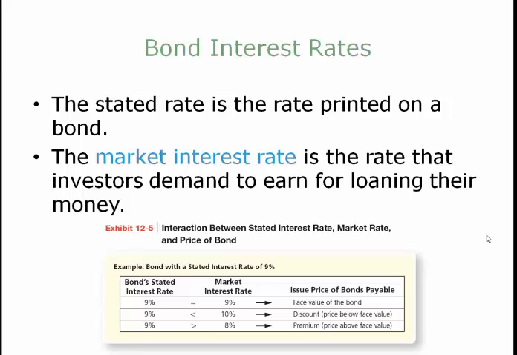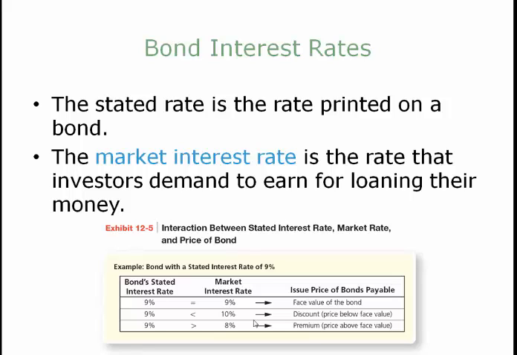Because the whole idea of this discount and premium is to equalize the interest rate on the bond with what the market rate is. So they're penalizing them for the discount, because they're saying, look, on similar bonds, similar risks, I'm getting a 10% return, and on the other ones, I'm getting an 8% return.